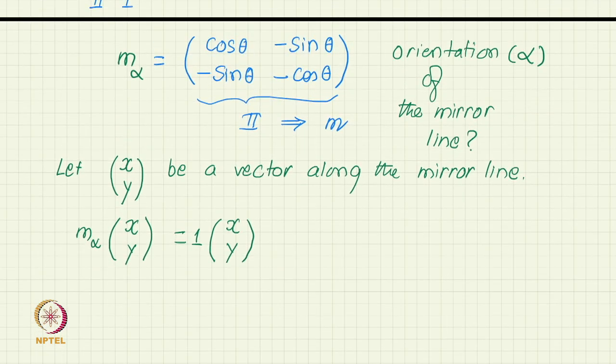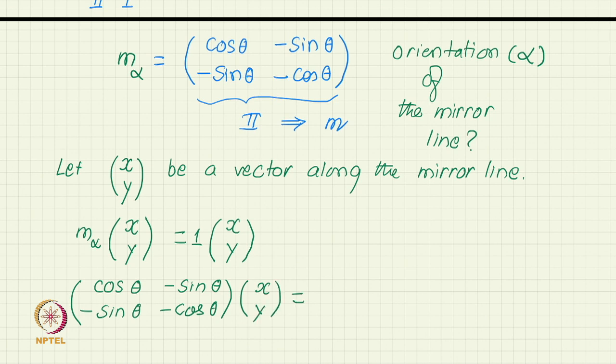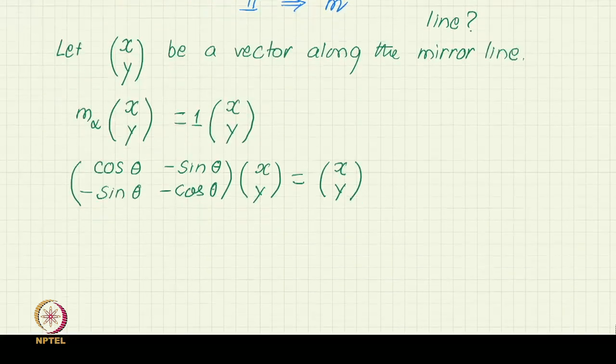But that is not important, all that is important here is to try to solve this equation. So, we write the matrix in full. This is our M alpha matrix multiplied by x y, and we want it to be equal to x y.